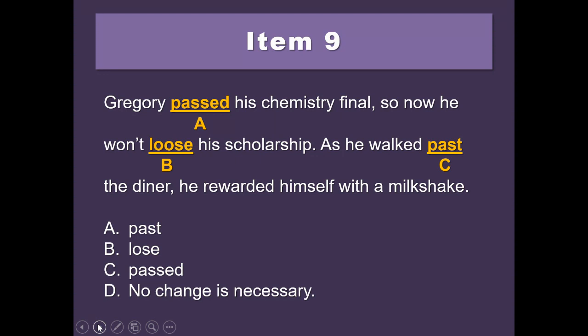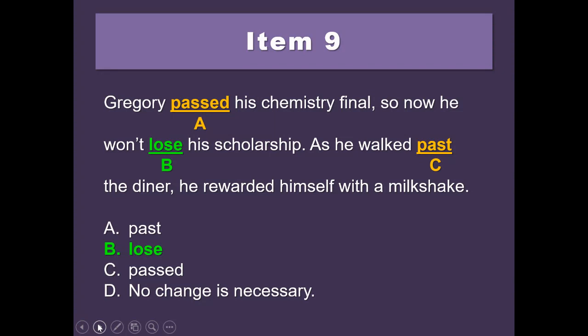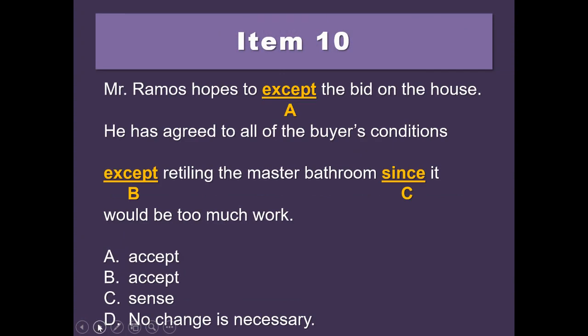He rewarded himself with a milkshake. Hopefully that answer is obvious. It should be lose his scholarship. And finally, number 10, we've got a couple of accepts on there. You decide which one. And the correct answer is A. Mr. Ramos hopes to accept, not accept.